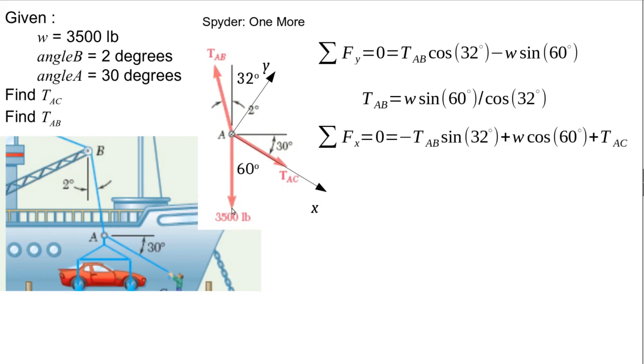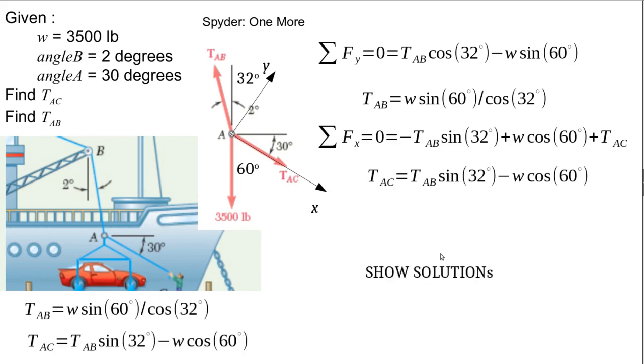Our W times cosine of 60 in the positive x direction. And our TAC is moving all the way in the x direction. So it's here. Again, we know TAB from this first equation, so we can then solve for TAC. So we have now two equations to solve. Write them again over here.